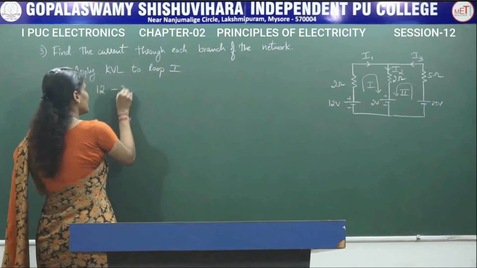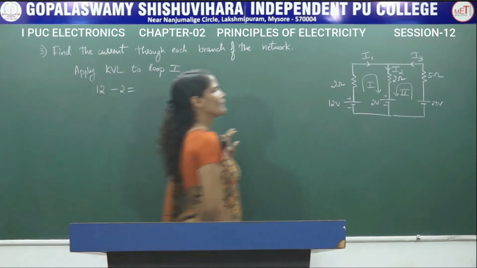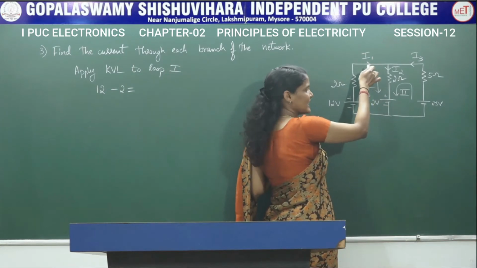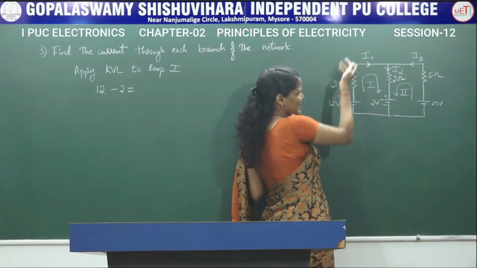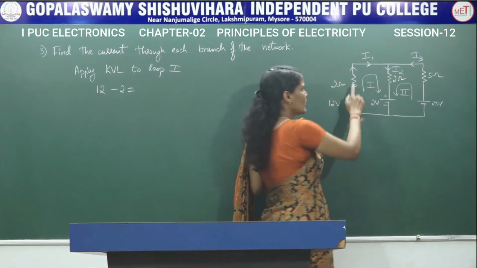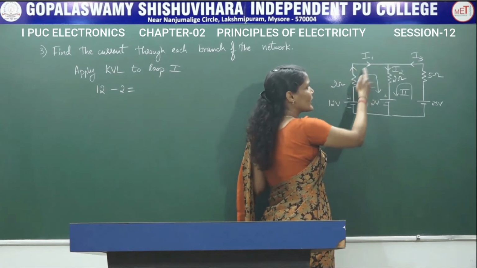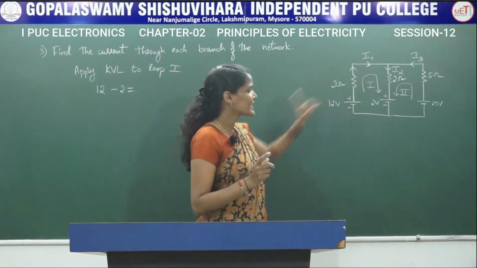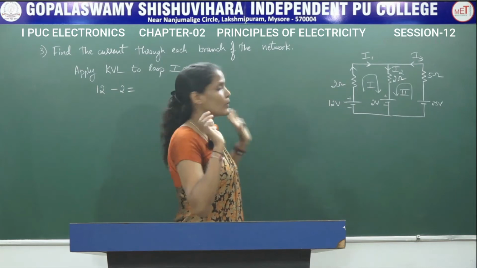So minus 2 is equal to, now the current I1 is flowing in this direction in this branch, and here also the same direction is flowing. So the branch current as well as the loop current are flowing in the same direction, hence the IR drop of this particular branch can be considered as positive.